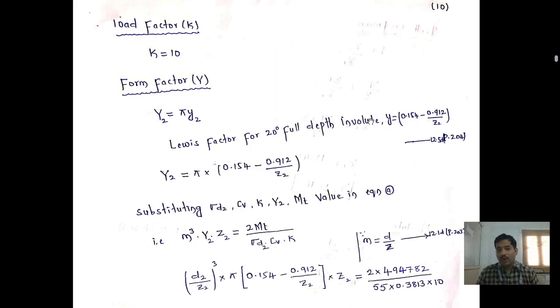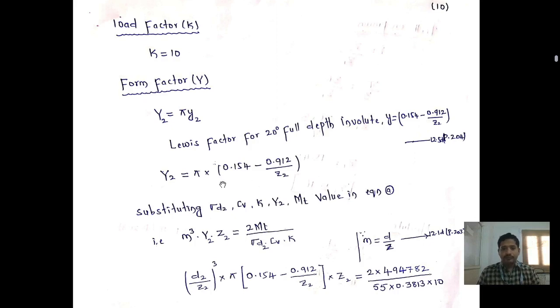We have the formula y is equal to 0.154 minus 0.912 by z2. Is it right? So pi as it is, and for y2 you just need to substitute here 0.154 minus 0.912 by z2. Clear? We don't know the value of z2, so for that reason keep it as it is.